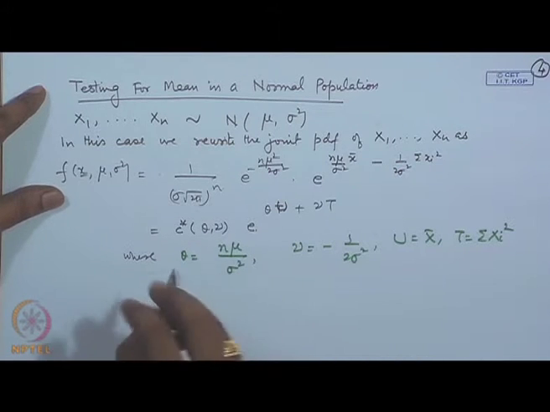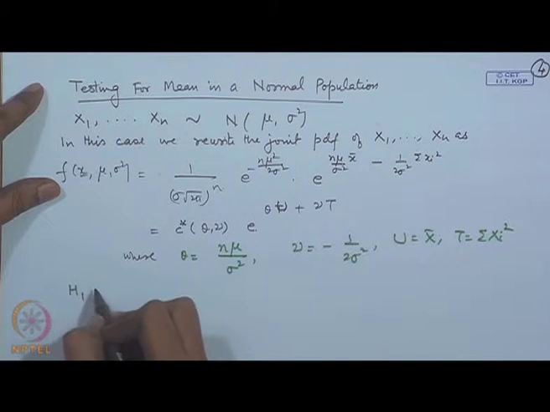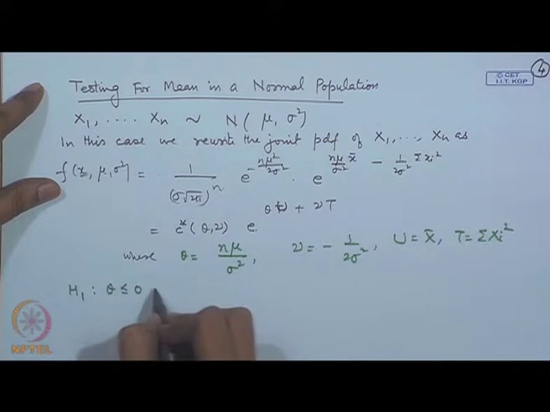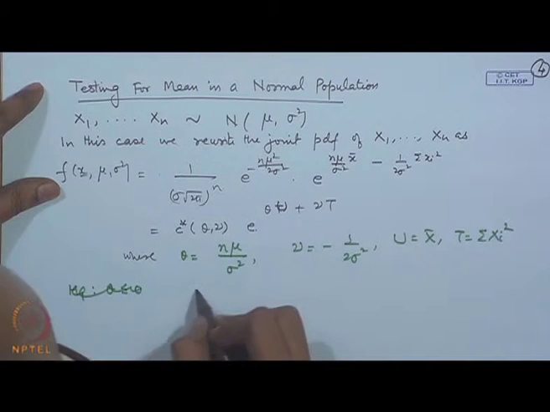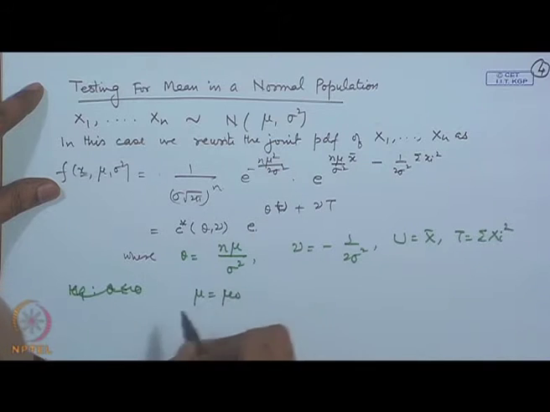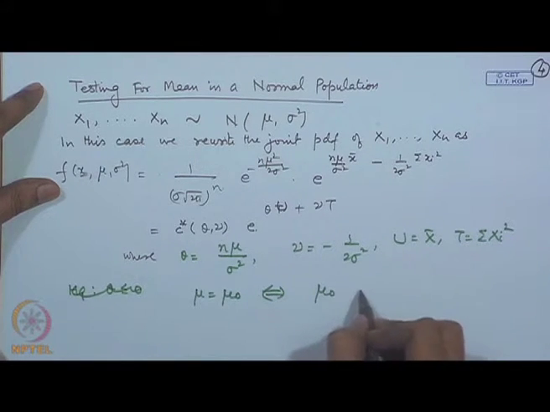Let me restrict attention to H1 and H4. So, H1 would be theta less than or equal to 0. If I want to test for say mu is equal to mu naught, then this is equivalent to that I can take mu naught to be 0 without loss of generality.